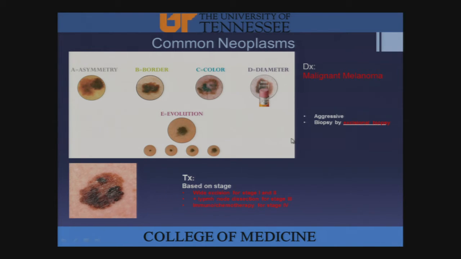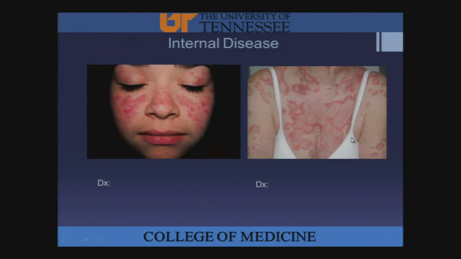Cool. Okay. Now, back to our malar rash. What is this? Lupus is not good enough. What type of lupus? On the left or on the right? On the right. Okay, what's on the left?